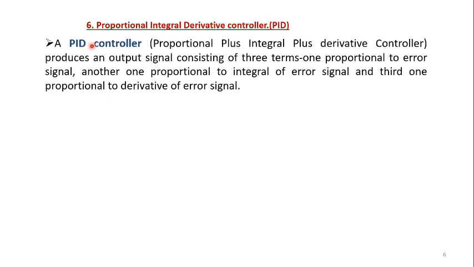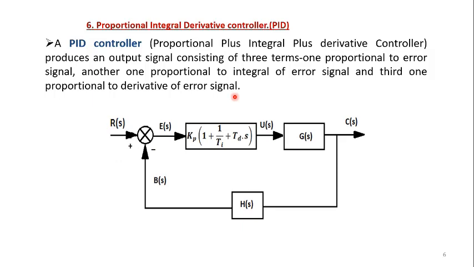The PID controller, or proportional plus integral plus derivative controller, produces an output signal consisting of all three terms: one proportional to the error signal, another proportional to the integral of the error signal, and a third proportional to the derivative of the error signal. Hence it is a composite of all three types.